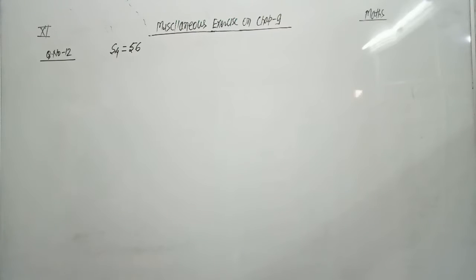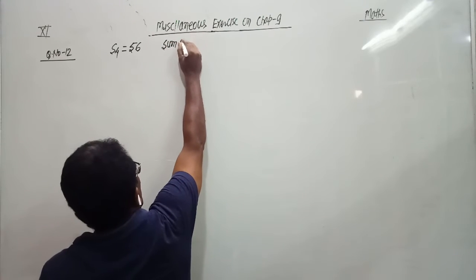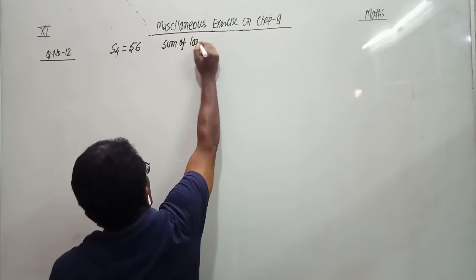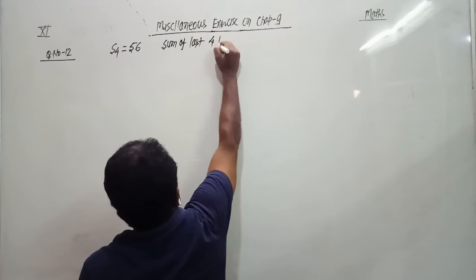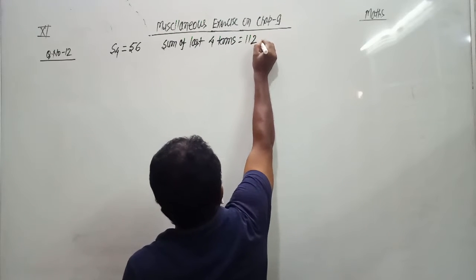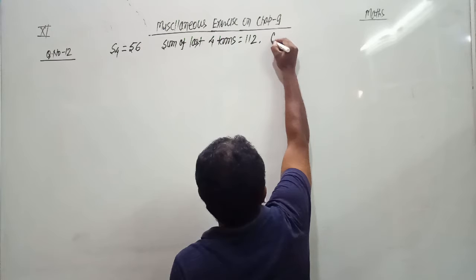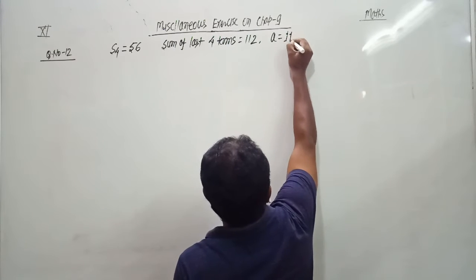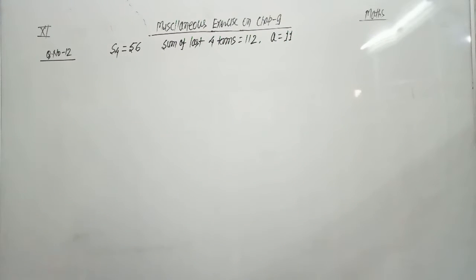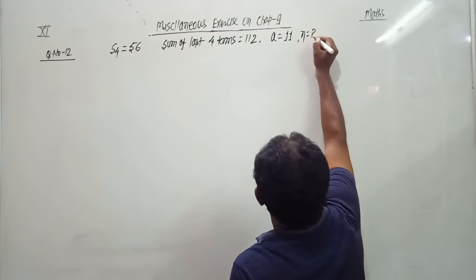The first term is 11. The value of a, the first term, is given as 11. Then find the number of terms. We have to calculate the total number of terms.